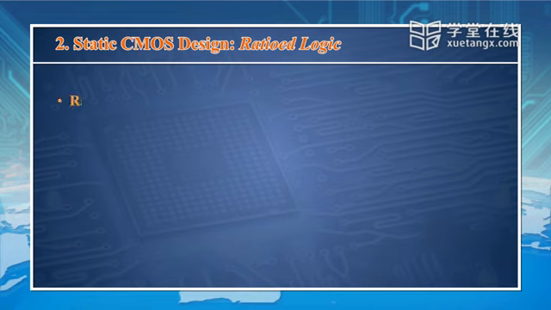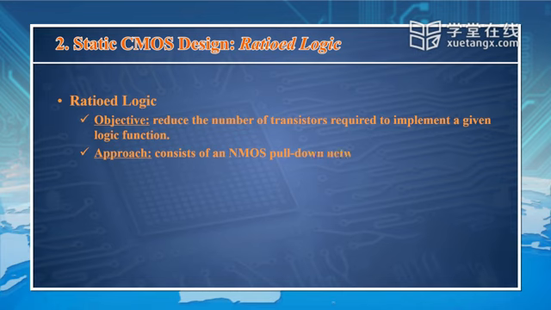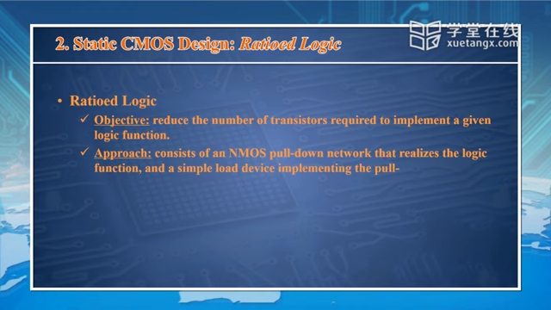However, if we design ratioed logic rather than ratioless logic, we have some good things. The objective is to reduce the number of transistors required to implement a given logic function. Therefore, we can reduce the silicon area, right? Reduce the cost. The approach is that we can have an NMOS transistor pull-down network that realizes the logic function, and a simple load device implementing the pull-up function.